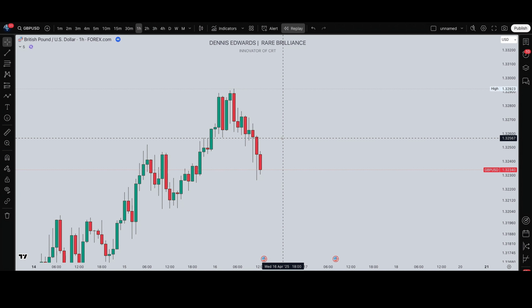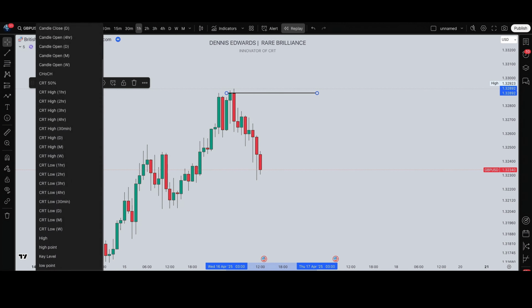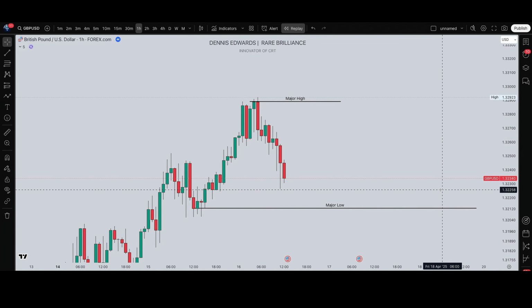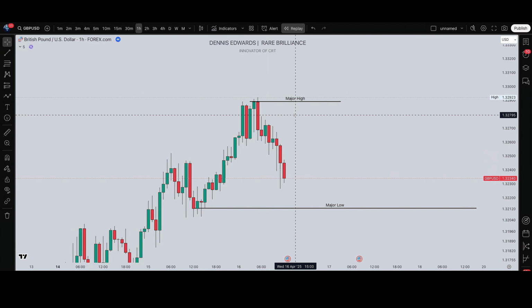So, how do you actually see liquidity using CRT? First, you need to define the structural range. Mark your major high and your major low. Like I said in my last video, that is your container. So let's do that now. Now, inside of this range, you want to identify key internal liquidity points.